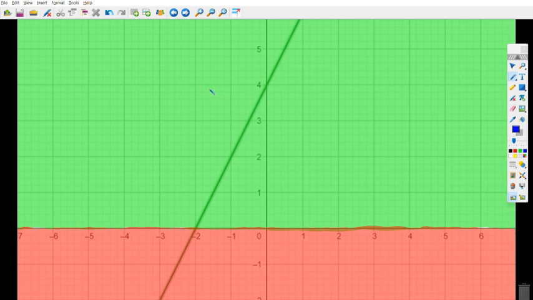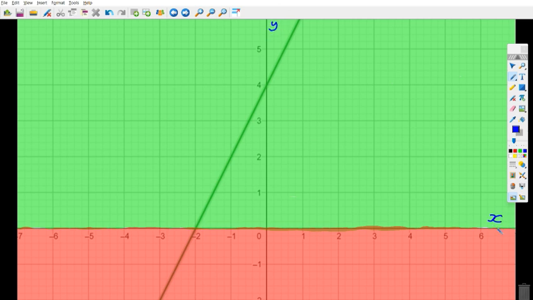If I look at above the x-axis, what am I talking about? Am I talking about this green area, or this red area here at the bottom? I locate where my x-axis is, which is over here, and my y-axis.